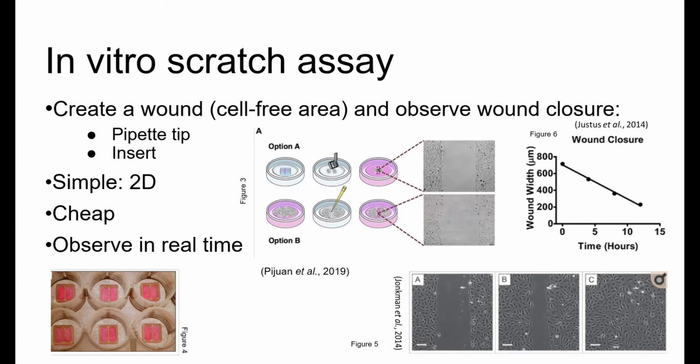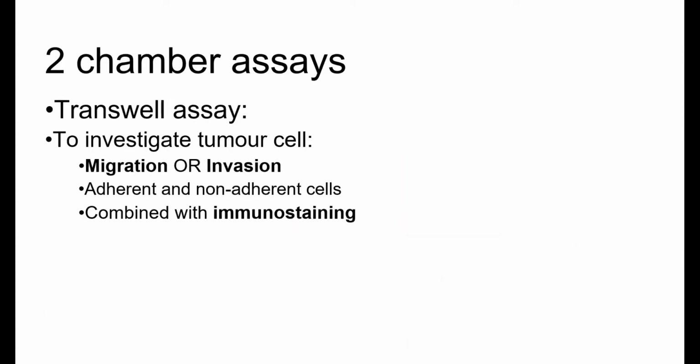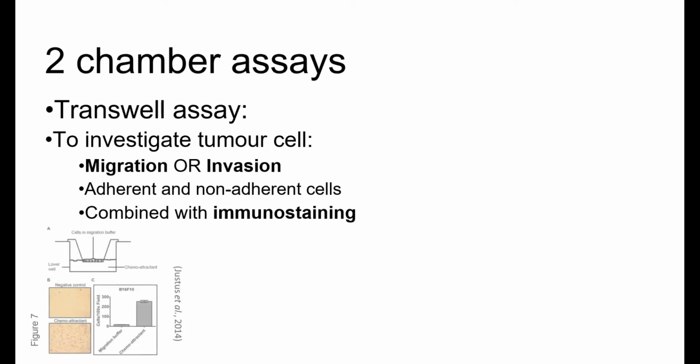We can also use a transwell assay, which is a way of looking at vertical migration, whereas the scratch assay was our lateral migration. So here we have our transwell assay set up.